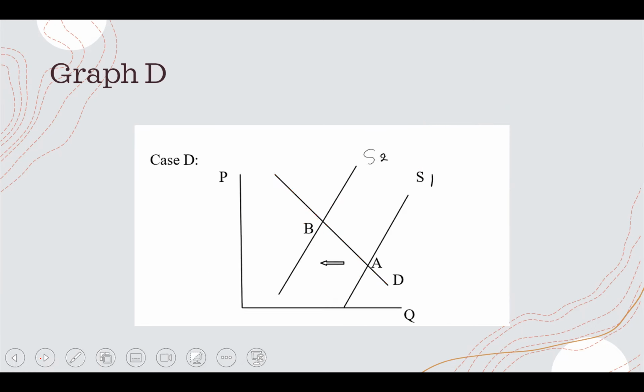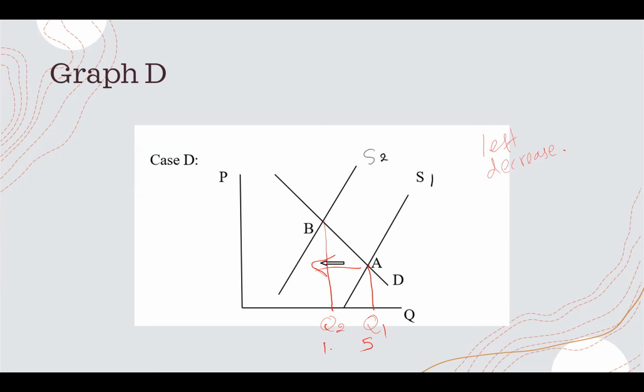Now let's go to graph number D. Here we are talking about a left shift in supply, or a decrease in supply. At supply level 1, the quantity is Q1, and at the second supply level the quantity is Q2.